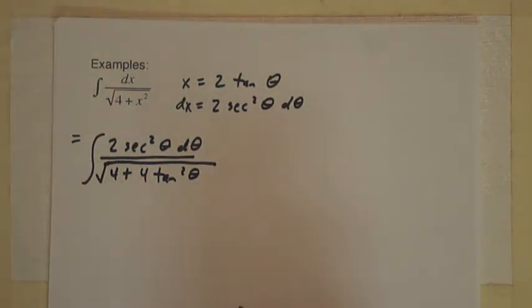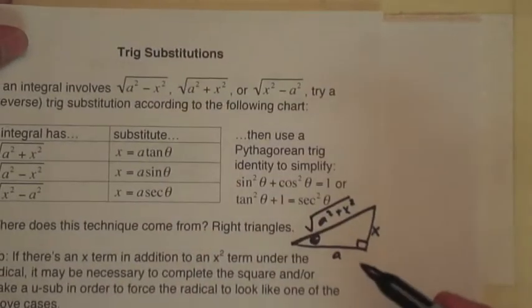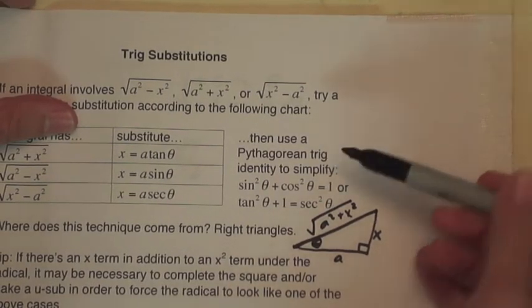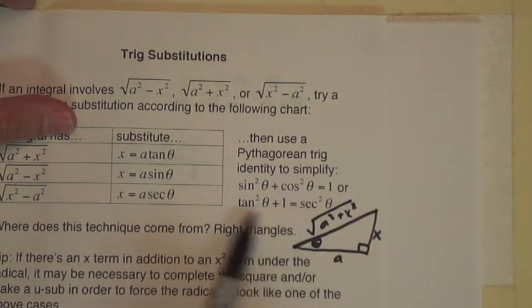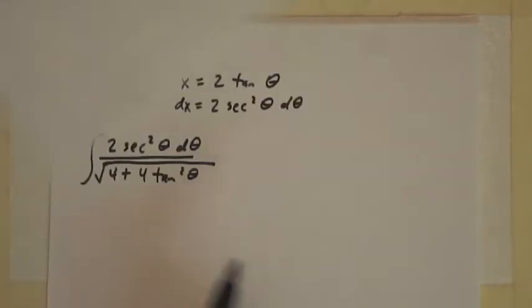So, it looks bad, but this is the point where we have to use one of these Pythagorean trig identities to simplify. Here we're going to use the second one: tan squared theta plus 1 equals secant squared theta.